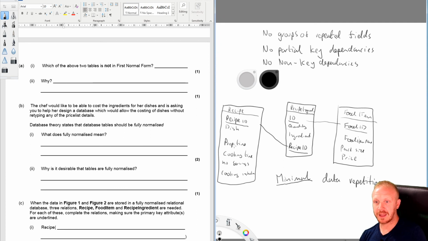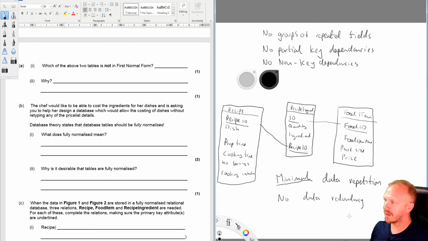However, you can say there is no data redundancy. We are not storing the same thing multiple times for no reason.